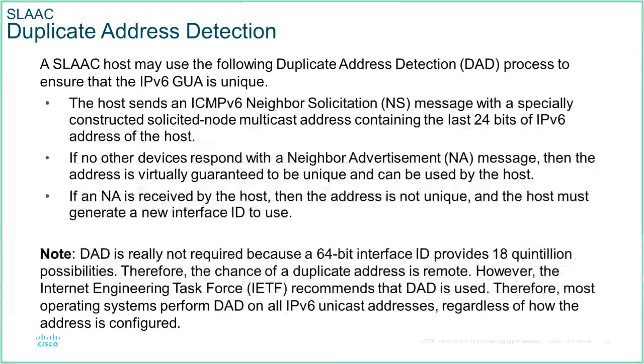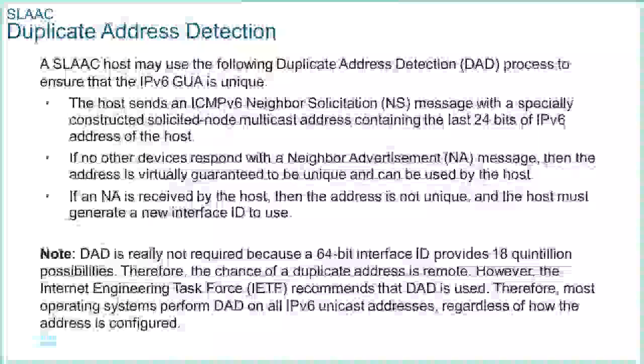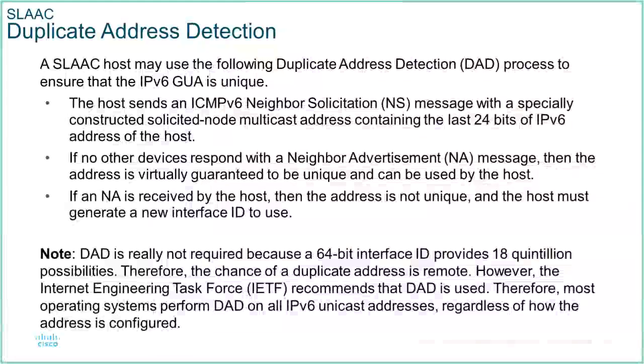As they try to stipulate down the bottom, we've got a 64-bit interface ID, which is 18 quintillion possibilities. So we're getting fairly low in the order of probability that we'll have a duplicate address.